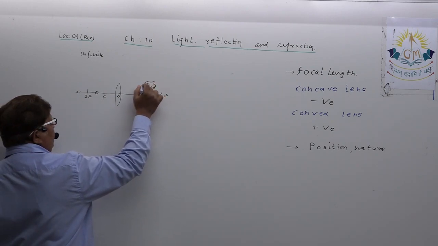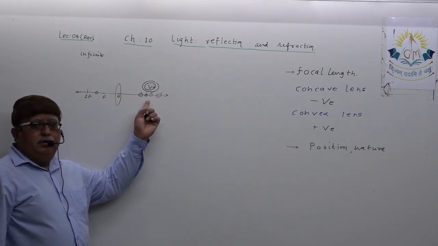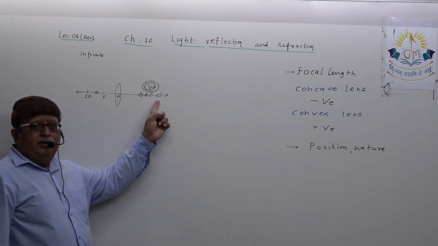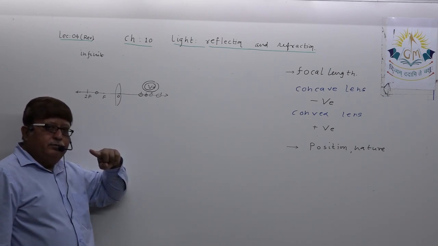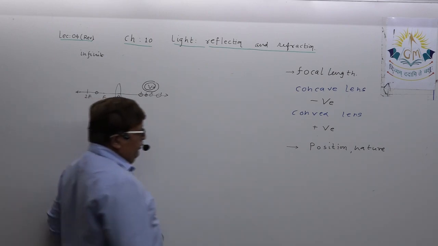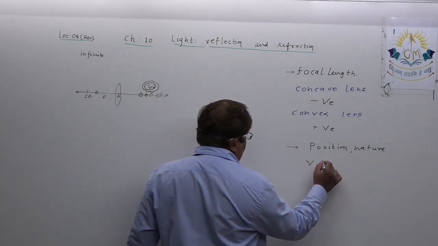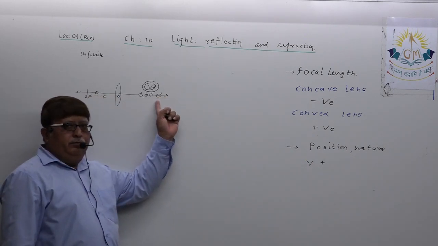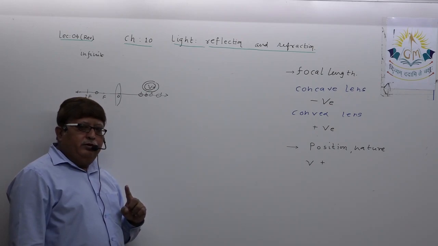So whenever, dear student, V definitely needs to be positive, because you are moving from the optical center to the right side. So whenever V is positive, try to understand, dear student, V means the image distance.